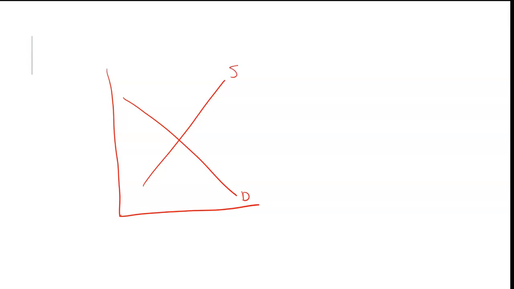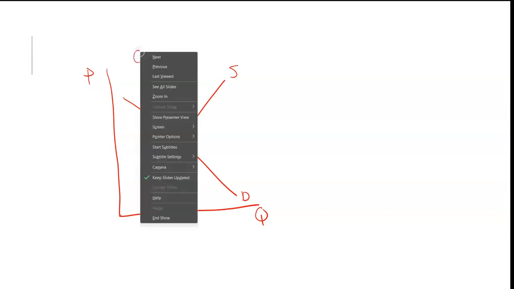Equilibrium prices can change. So anytime we have a shift in our supply or demand curve, we're going to see that we have a change in our equilibrium price. So let's look at what happens with a shift in the demand curve first. Let's say this is a market for coffee.